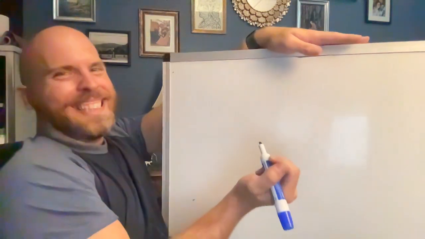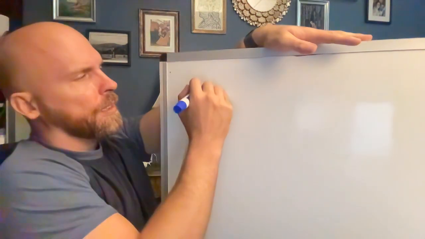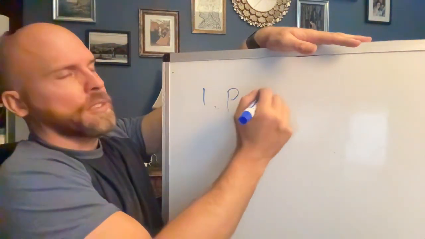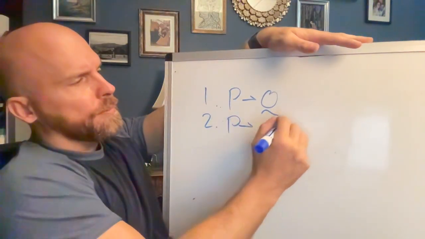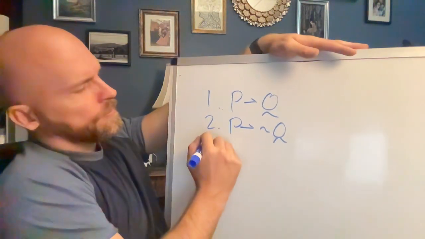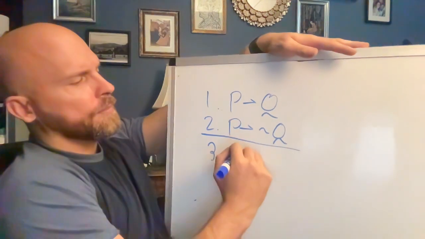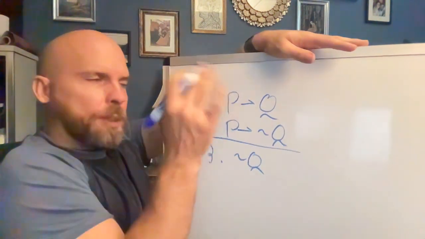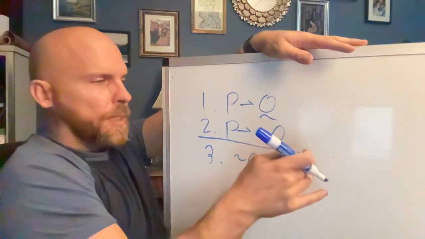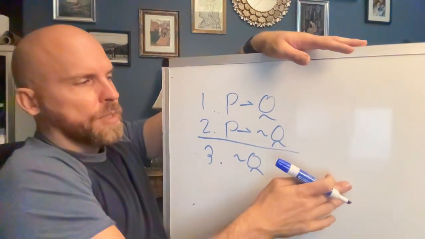Now, why would you need this? I hear you crying. I think Hardegree has a good example. Check it out. It seems like this should follow. If P is true, then Q is true. If P is true, then not Q is true.